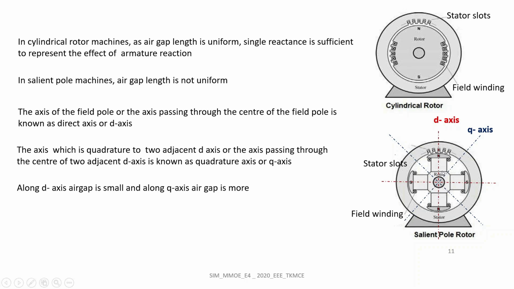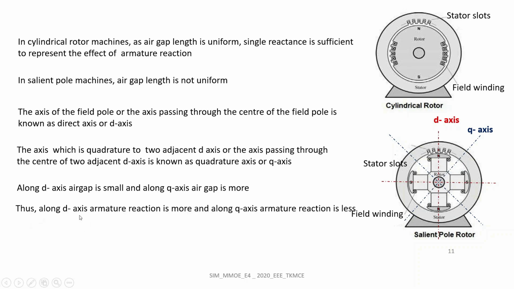But along the Q axis, air gap is more, therefore reluctance is more, therefore flux is less. If flux is less, armature reaction is less. If armature reaction is less, synchronous reactance is less. So along the direct axis, we have maximum synchronous reactance, and along the quadrature axis, there is less synchronous reactance.